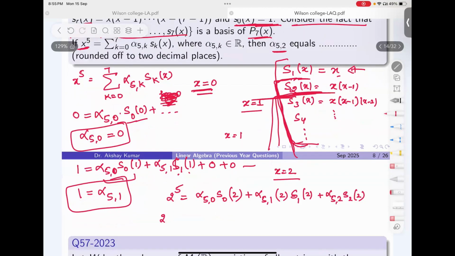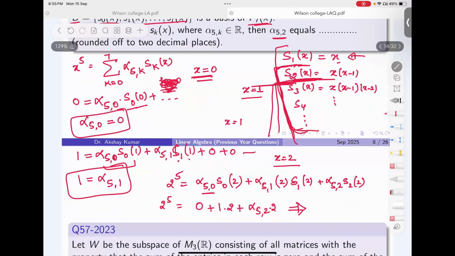What is 2 to the power 5? 2 to the power 5, this part is 0, plus what is the value of alpha_{5,1}? 1, into what is the value of S_1(2)? 2, plus alpha_{5,2}. What is the value of S_2(2)? It is 2. So from here you can find the value of alpha_{5,2}.